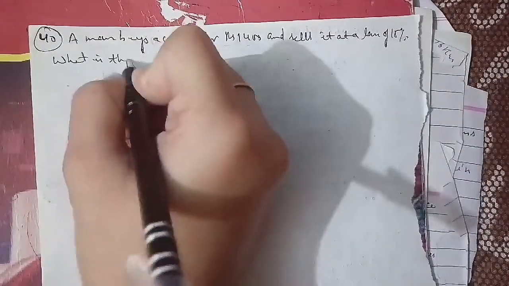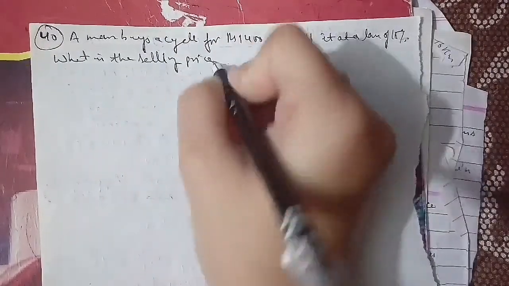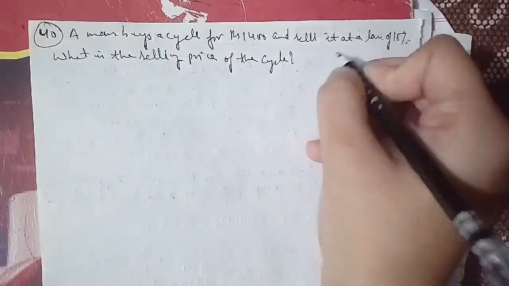What is the selling price of the cycle? That has been asked in SSC examination paper. Options are 1090, 1160, 1190, and 1202.